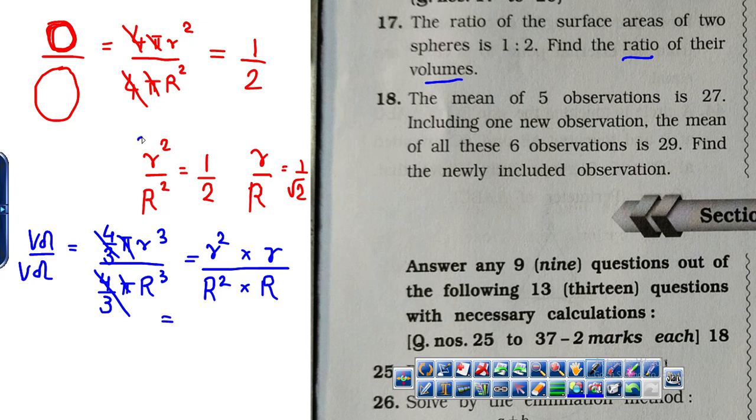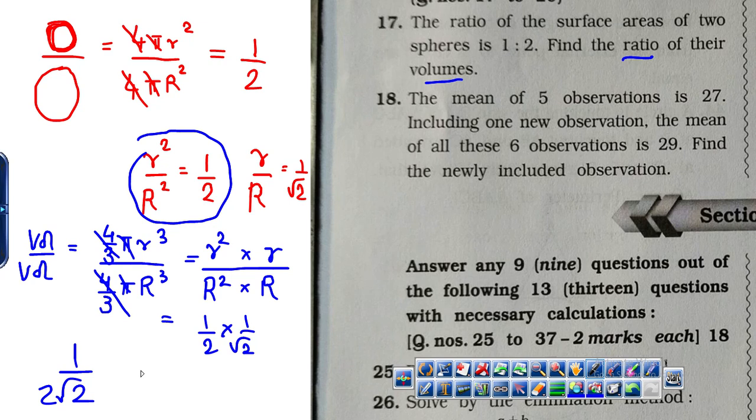Therefore, r square upon r square is 1/2 and r upon r is 1/√2. Answer is 1/2√2, which means the ratio is 1:2√2. ये 2 मार्क के सम से कम नहीं है, भले ऑब्जेक्टिव में. प्लीज शो मेथड व्हेन यू आर सॉल्विंग one word or one line answers.